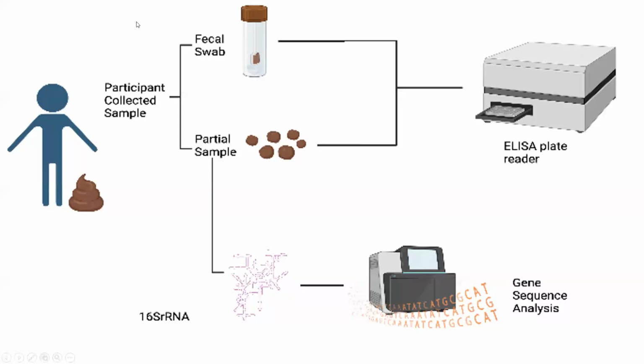So again, when you're looking, you can look at everything. Unlike saliva or even urine, there are some great gene sequences that you can do and different biomarkers that you can look at with feces that you can't look at with other biospecimens.